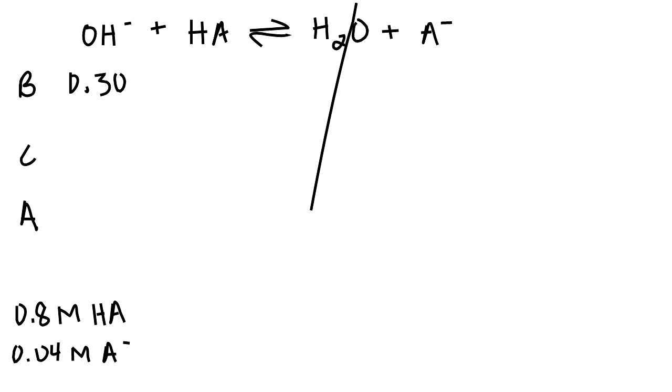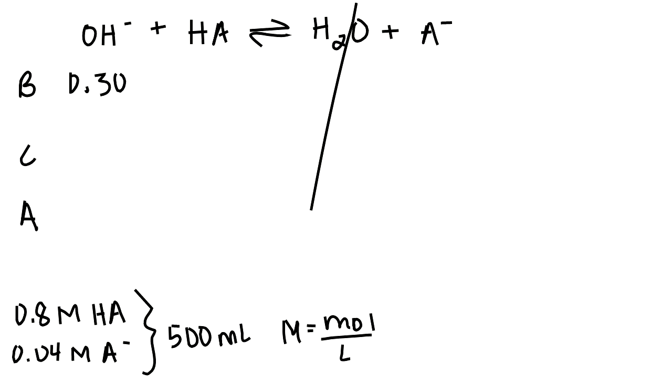And we were told that together these are 500 milliliters. So we can find our moles because we know that molarity equals moles per liter. So 500 milliliters is equal to 0.5 liters.